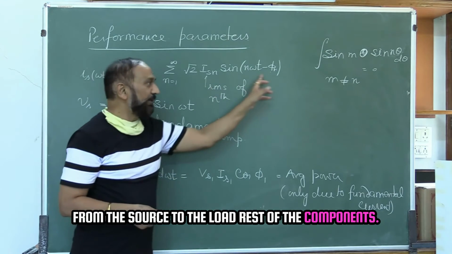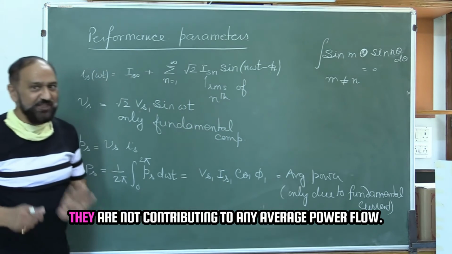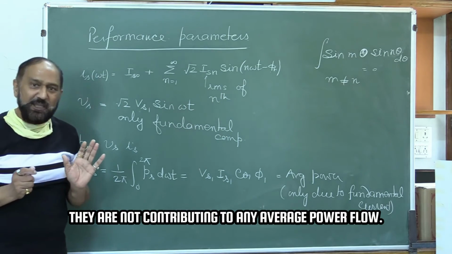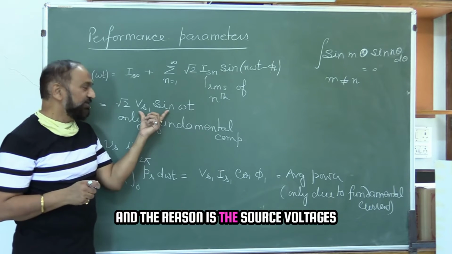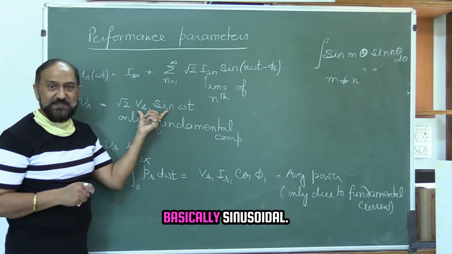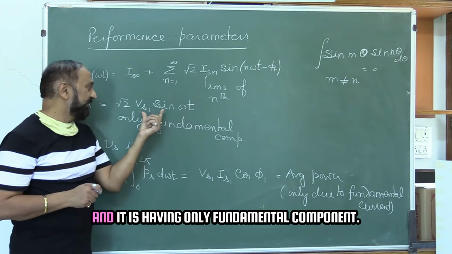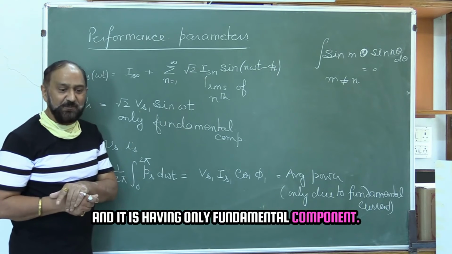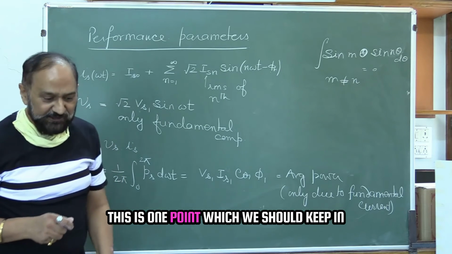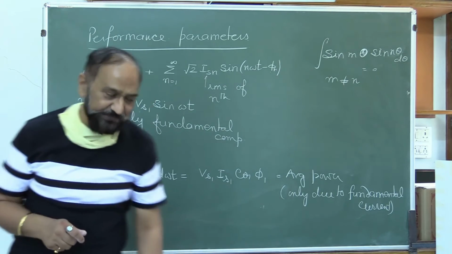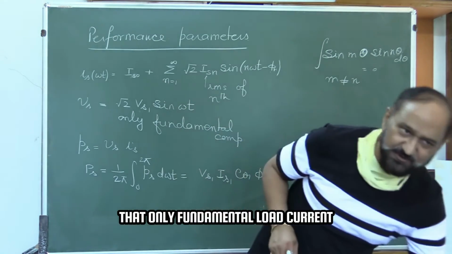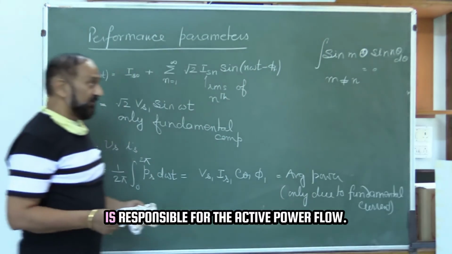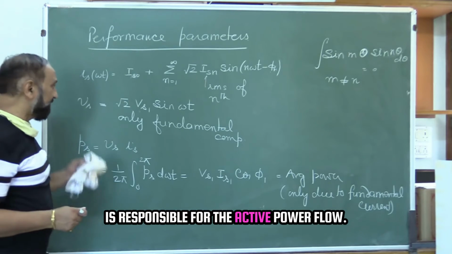The rest of the components are harmonics, and they are not contributing to any average power flow, and the reason is that the source voltage is basically sinusoidal and has only the fundamental component. This is one point which we should keep in mind, that only the fundamental load current is responsible for the active power flow.